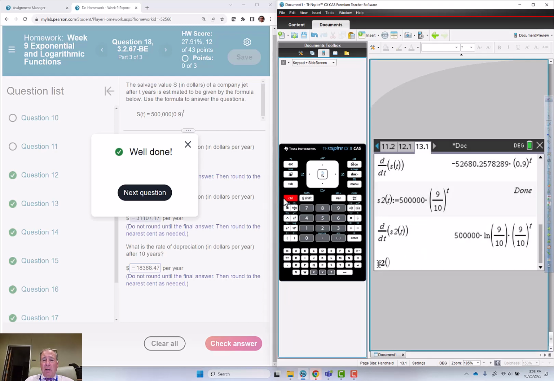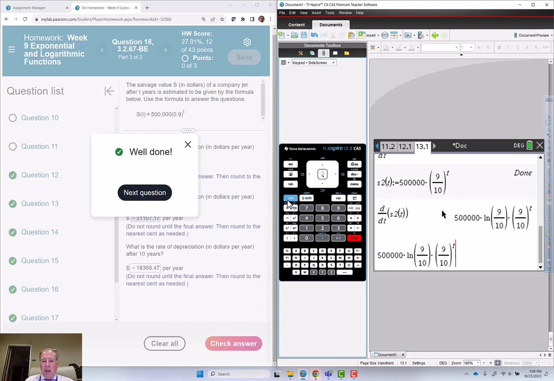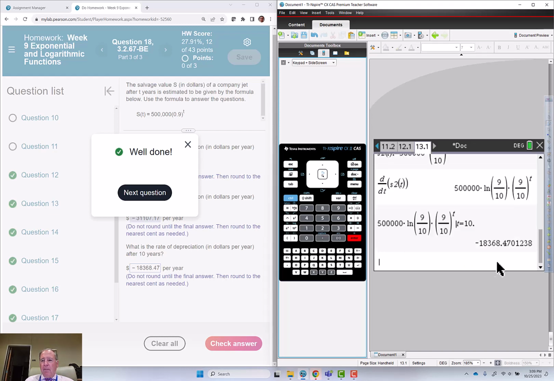Actually I don't want to do that, that's the original function. So I need to evaluate this expression at t equals 10. And now I'm going to put in a decimal because I do want the decimal answer. And we get 18,368.47. So that concludes this video.